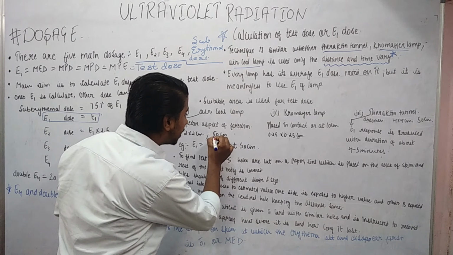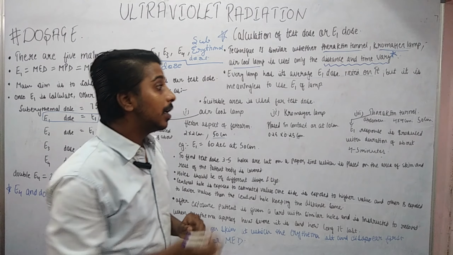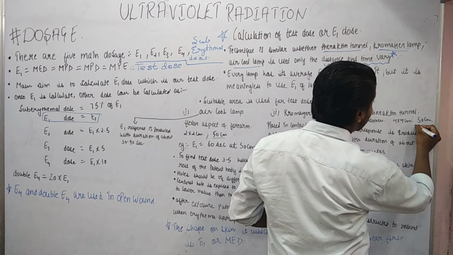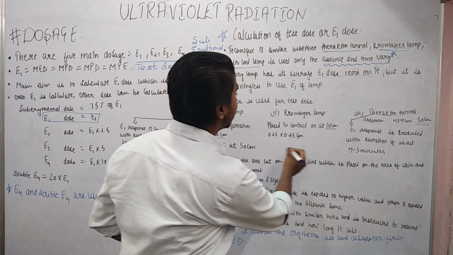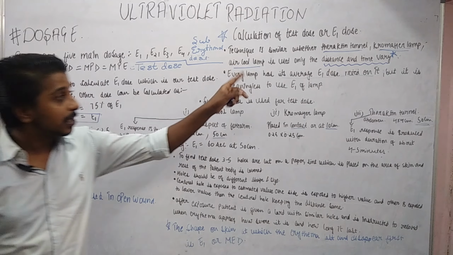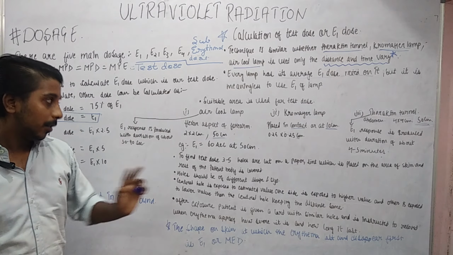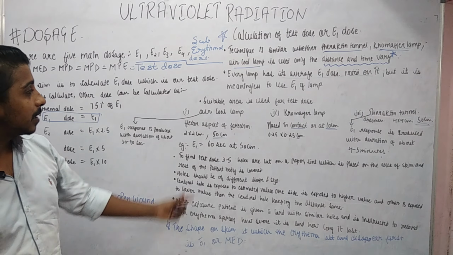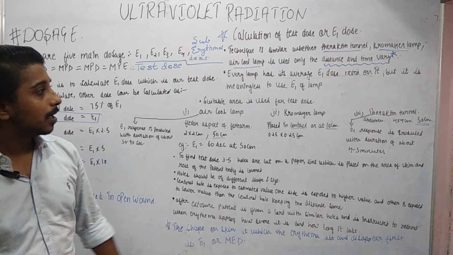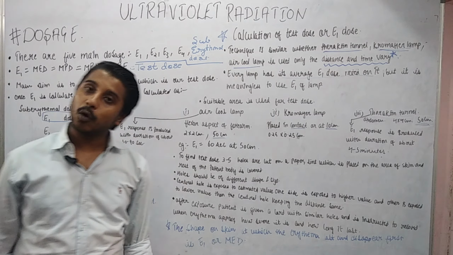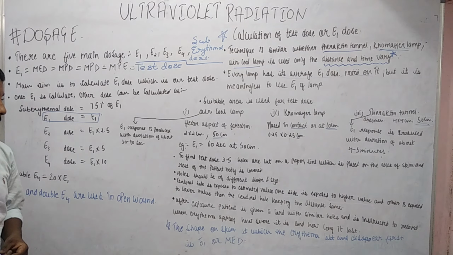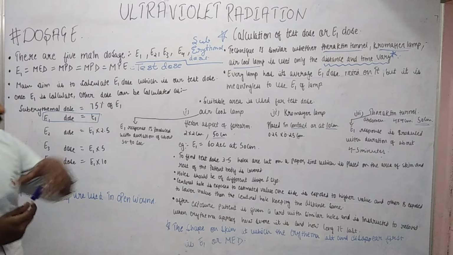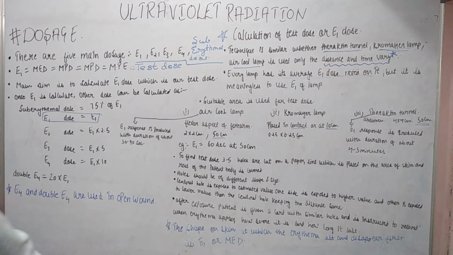This is placed at 50 centimeter, this is also placed at 50 centimeter, but this is at 10 centimeter or in contact. So distance is variable. Have you understood? Air cool and Therkiten tunnel have the same distance, and Cromere is in contact or at 10 centimeter. Now distance and time are variable.